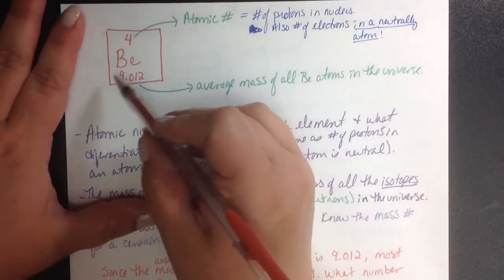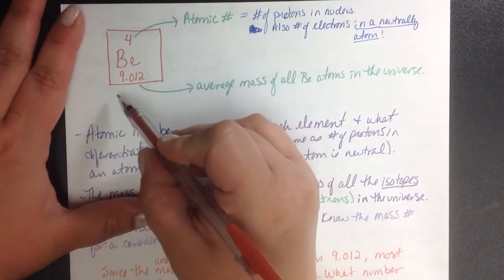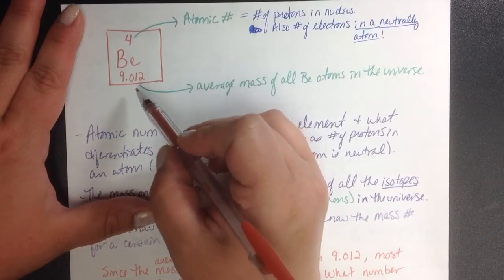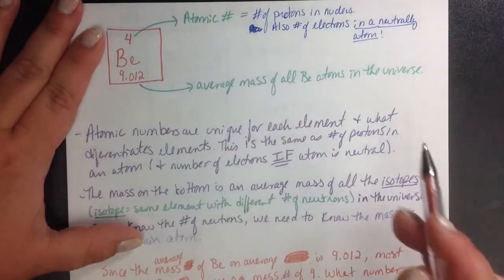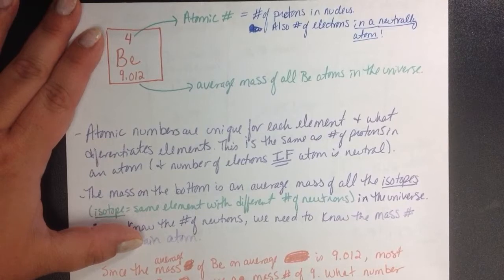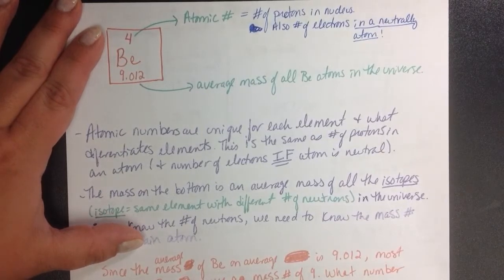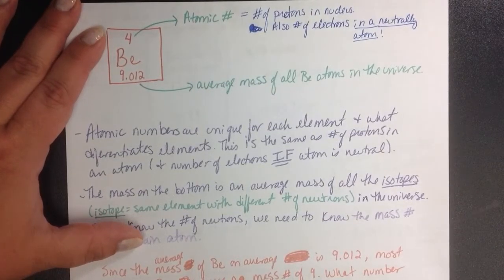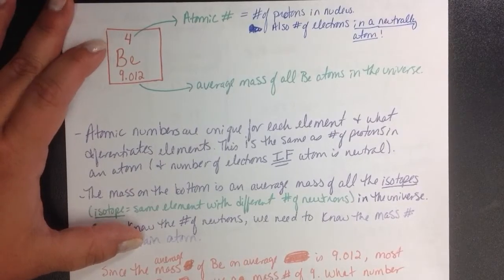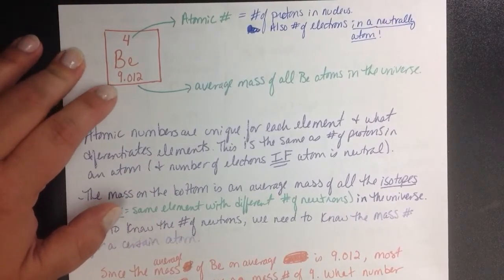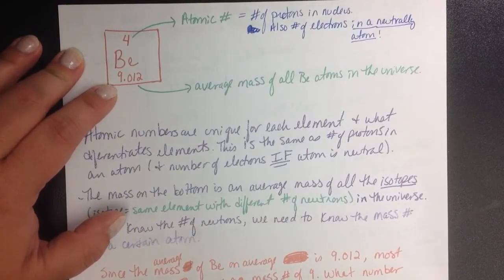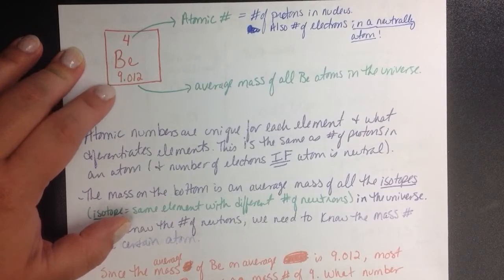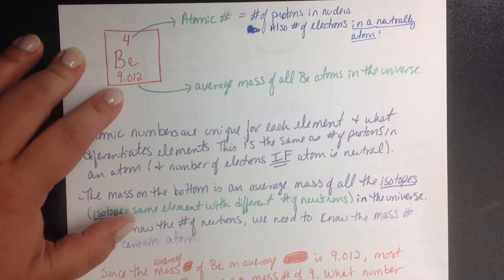But this number down here, it's not a whole number. What it's actually representative of is the average mass of all beryllium atoms. Remember how I said you can change the number of neutrons, and neutrons have charge? Or, I'm sorry, not charge, excuse me. Neutrons have mass. Well, if you have different types of beryllium atoms that have different numbers of neutrons, that's how you can end up with having a larger amount here or a smaller amount.